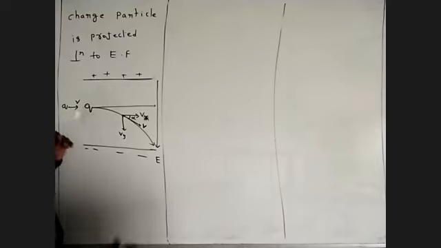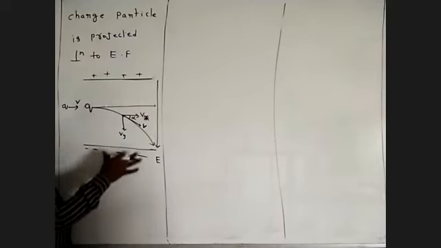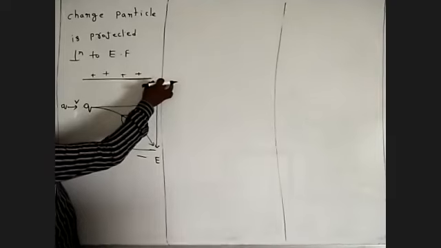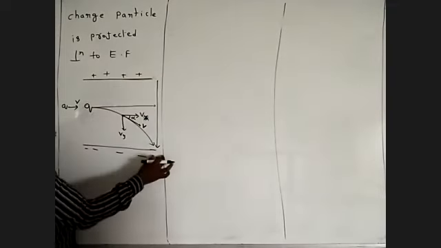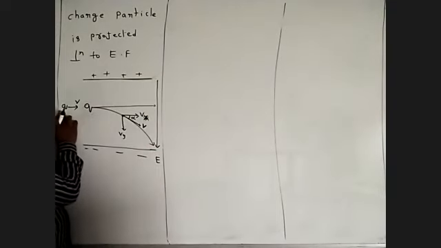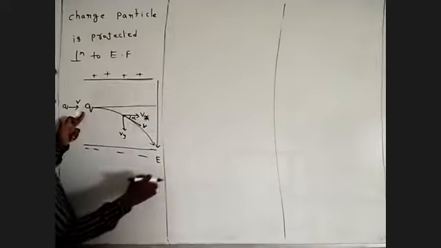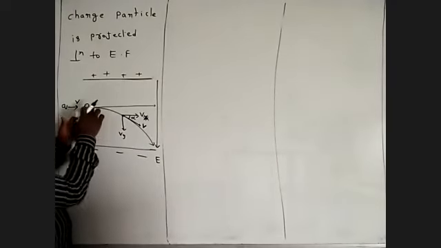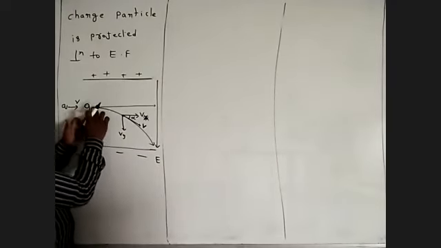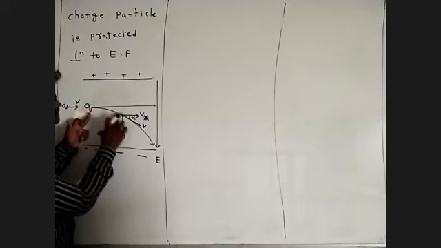Once again, positive plate, negative plate, direction of electric field from positive to negative. The charged particle is projected with a velocity v perpendicular to the field. Now the charge entering the field goes in this path.